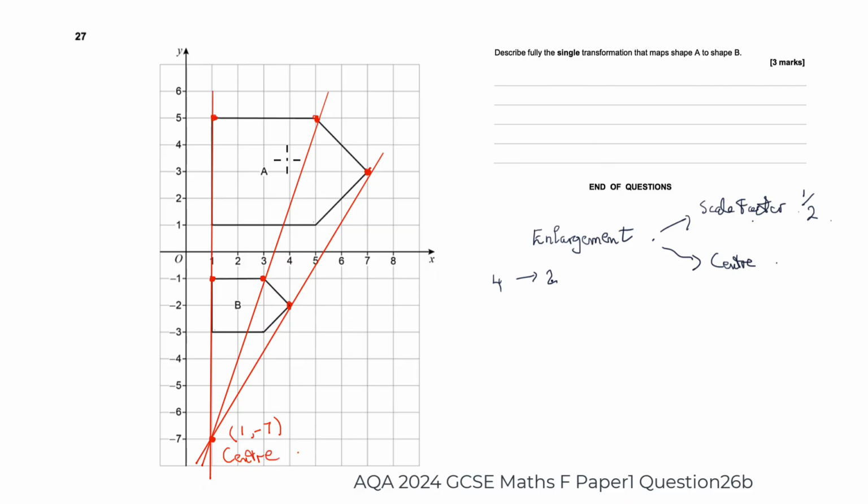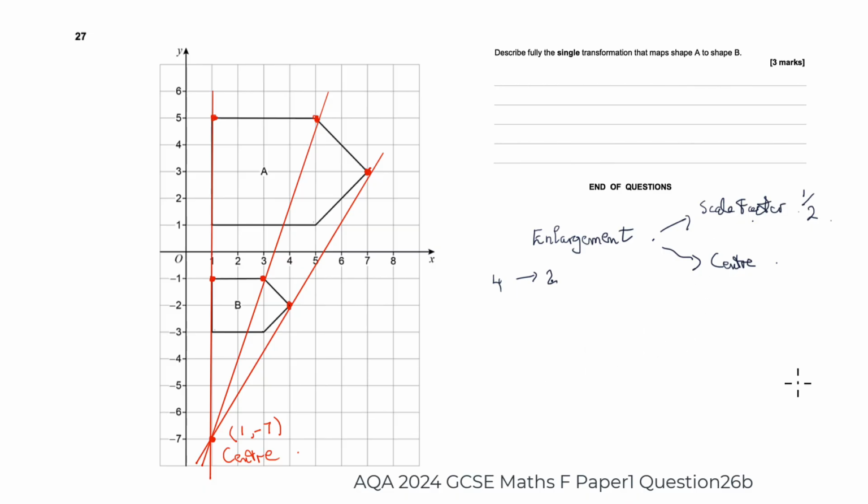Now, even though it's been reduced in size, we still call it an enlargement, because the scale factor of a half will then tell you that the size of the shape is going to be reduced. If the enlargement scale factor was greater than 1, say 2 for instance, then the corresponding shape would be twice the size. And it really would look like what you think of as an enlargement.